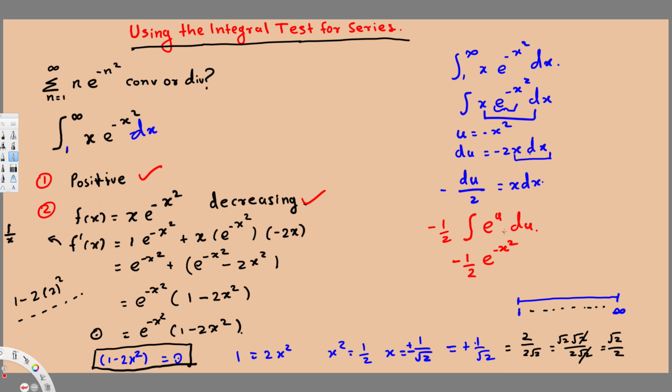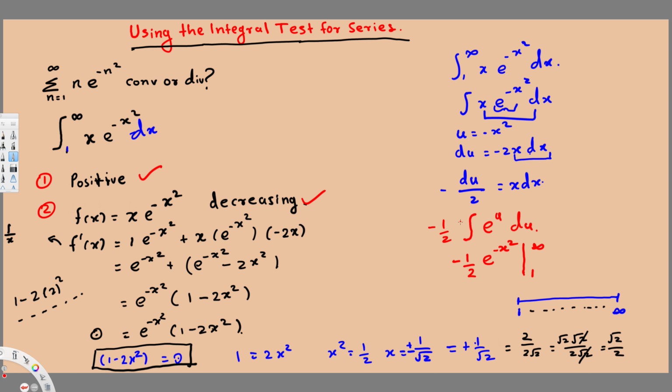I bring this value back. Actually it's e power u, so I substitute the u again to do the limits of integration. The limits are going to be 1 to infinity.